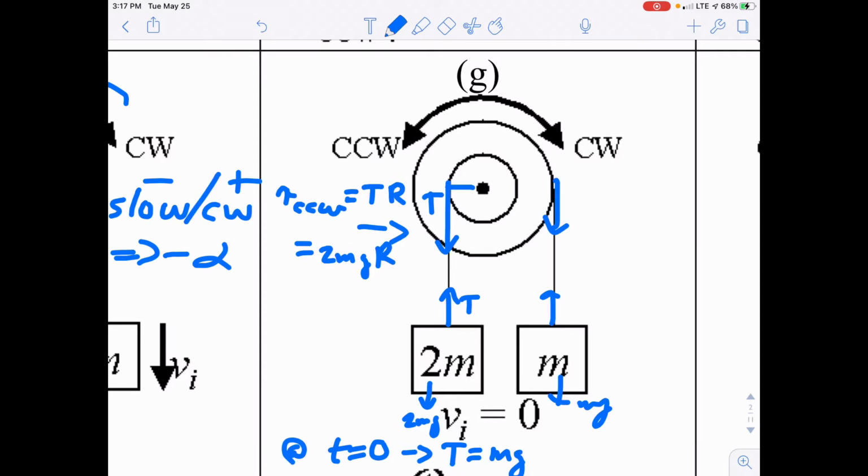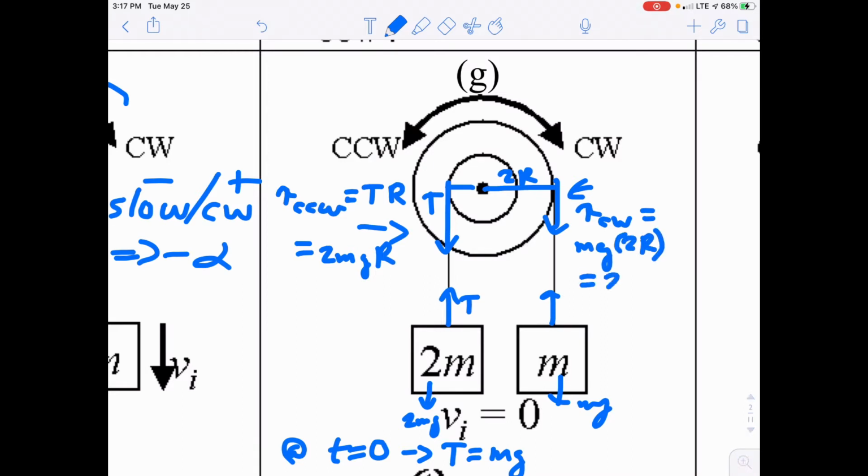The clockwise torque is also tension times radius, but this time the clockwise torque is equal to the tension, which is mg, times the radius, but the radius is 2r.